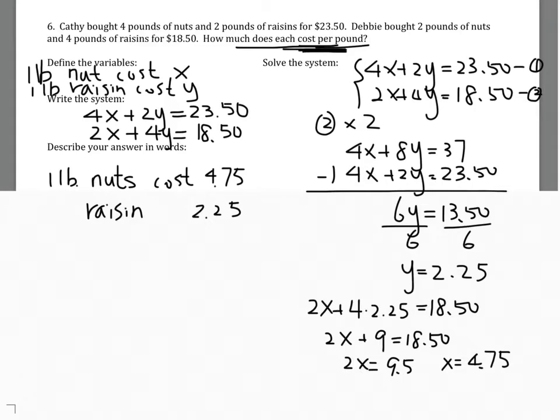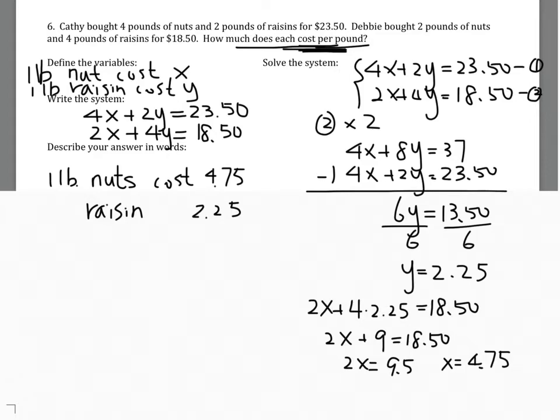So 4 times X plus 2 times Y equals $23.50. Second one, 2x plus 4y equals $18.50. That's the cost for 2 pounds of nuts and 4 pounds of raisin, and it is given to you as $18.50.